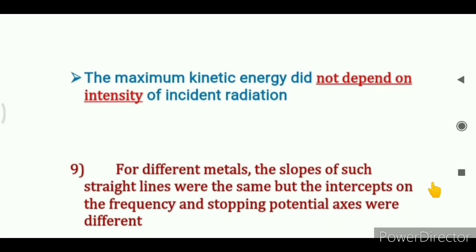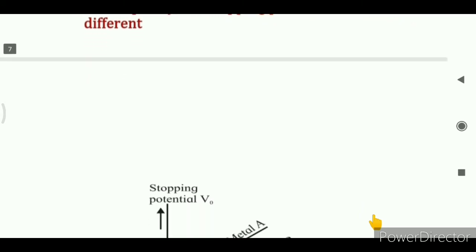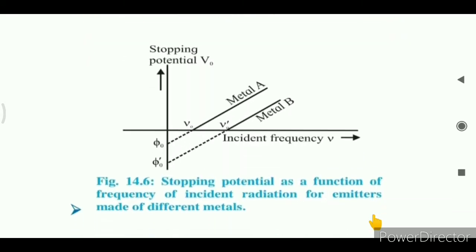Okay, now the next observation is that for different metals, as we change the materials and follow the same experiment, the slopes of such straight lines were the same, but the intercepts on the frequency and stopping potential axes were different. We can see this using the graph given there.